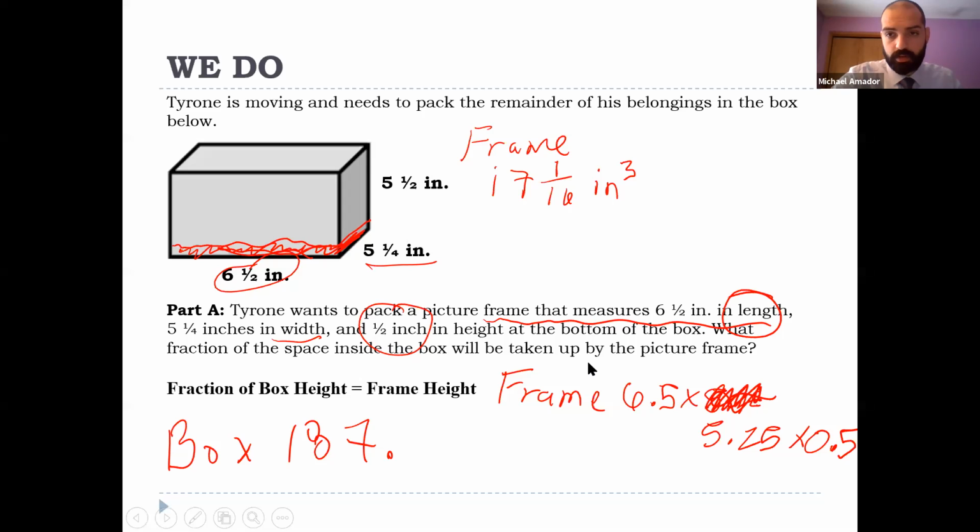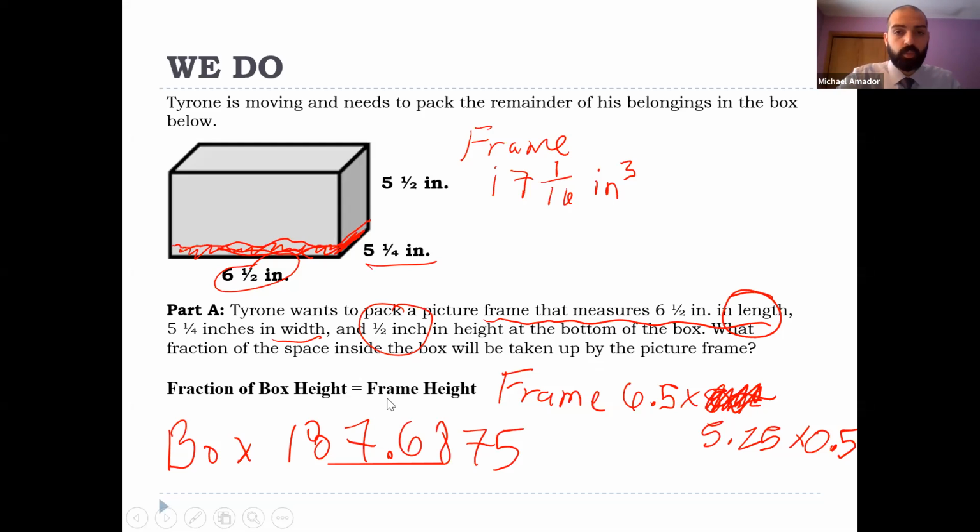Silas, can you repeat your answer? 187 point 6875.